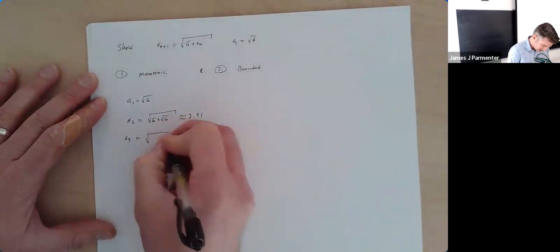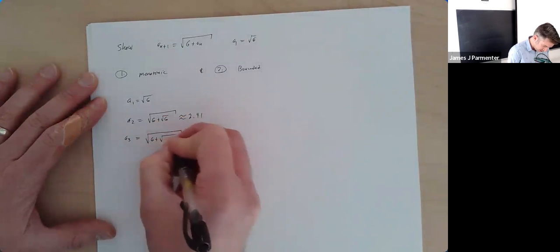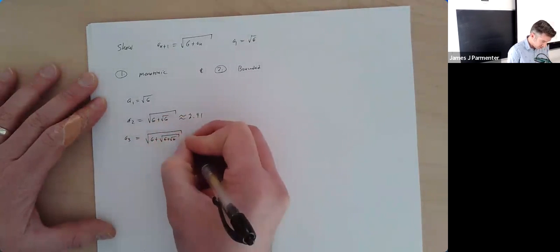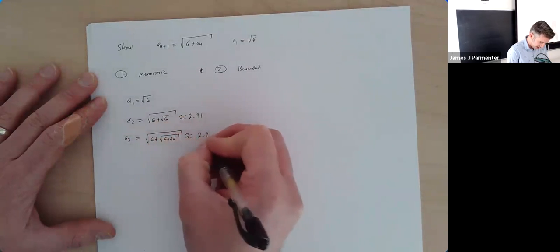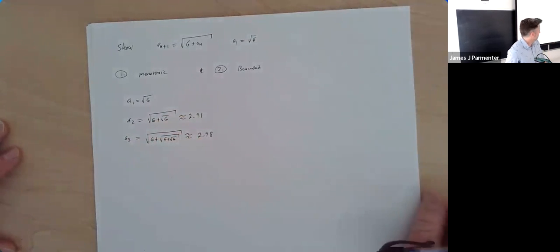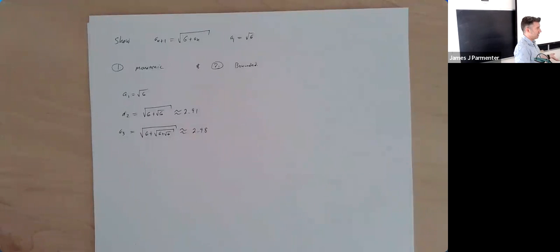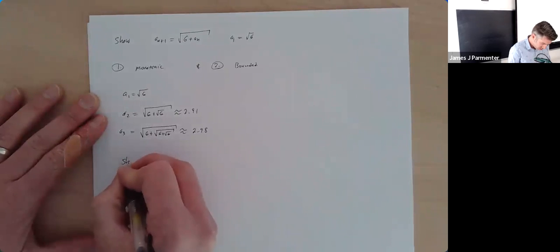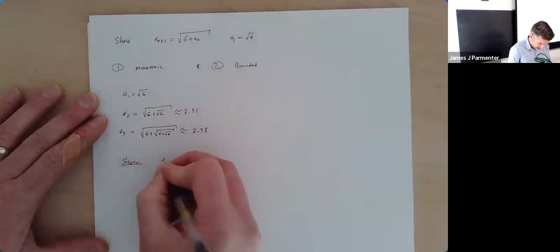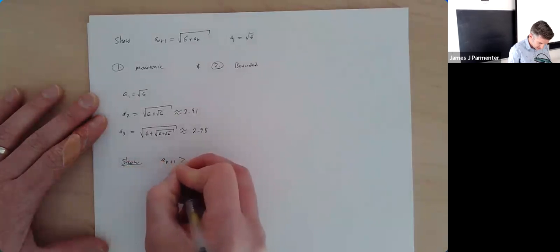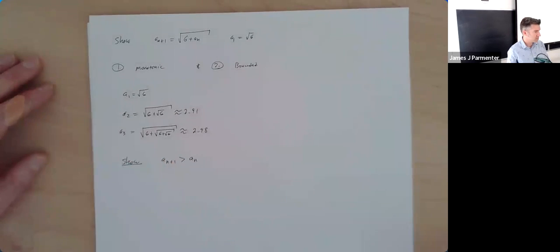A sub 3 is the square root of 6 plus the square root of 6 plus the square root of 6, which is approximately 2.98. But I'm probably doing more writing than I need to, because if I'm just trying to show it's monotonic and I think it's increasing, I'm going to try and show that the next term is bigger than the previous term.